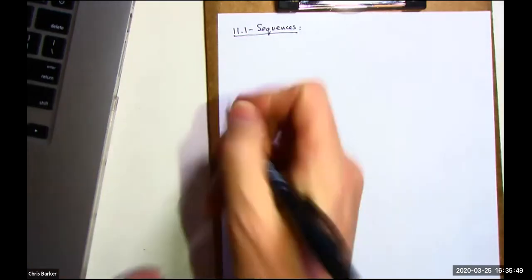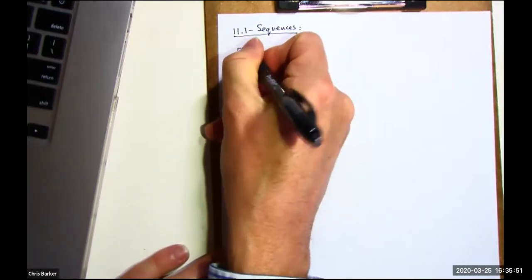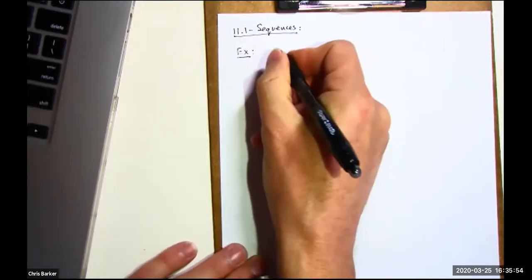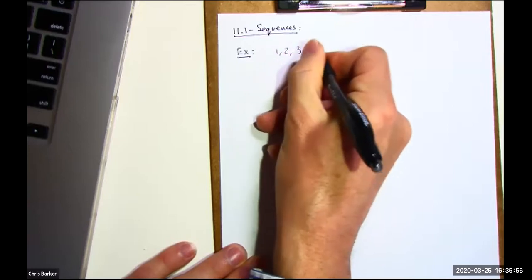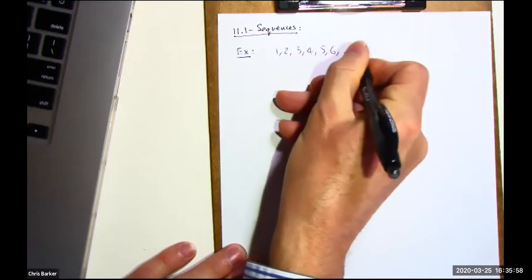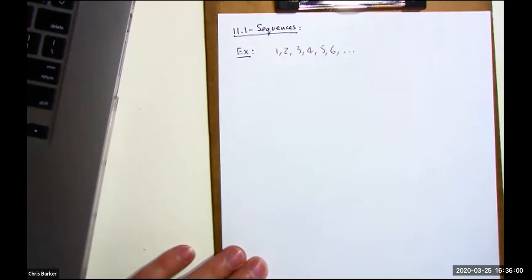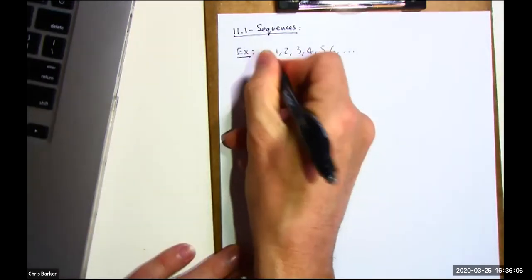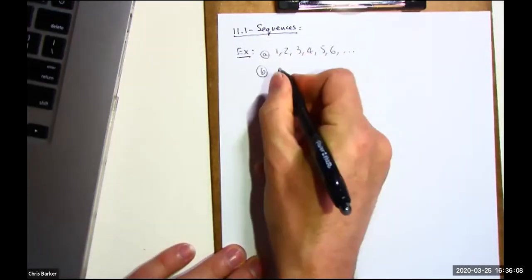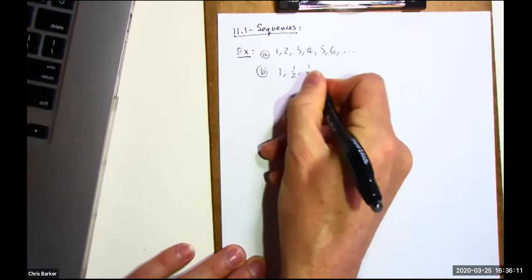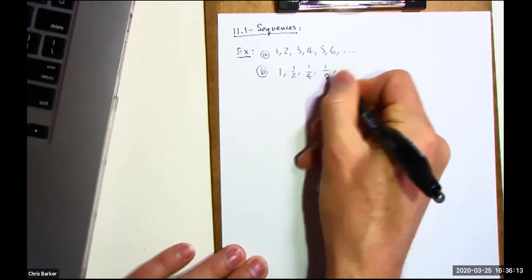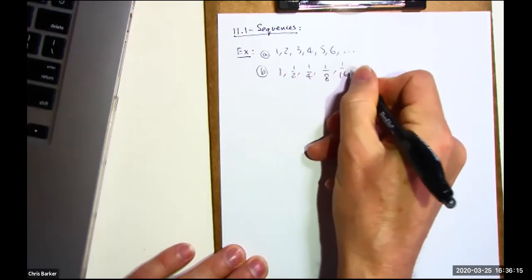So an example of a sequence in math would be something like this: 1, 2, 3, 4, 5, 6. Probably the world's easiest and most famous sequence, right? The natural numbers are a sequence. Here's another example: 1, 1/2, 1/4, 1/8, 1/16, and so on.